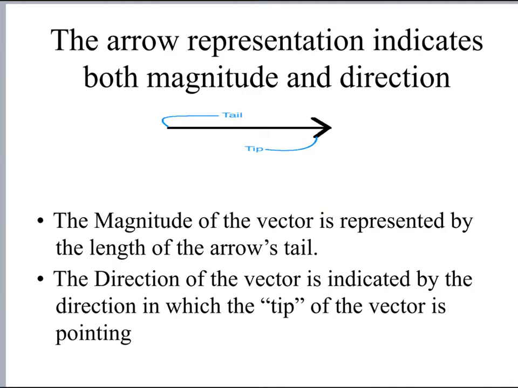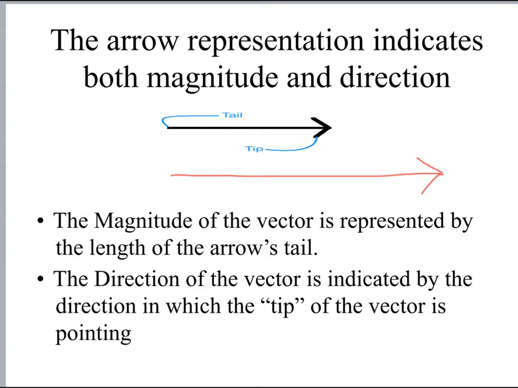Now, we've talked previously about how a vector has both a magnitude and a direction. And both of these things are represented in our picture. So the length of the vector from there to there, that represents the magnitude. If I drew a longer vector, so here I've got a longer vector, that would represent a vector with a bigger magnitude.